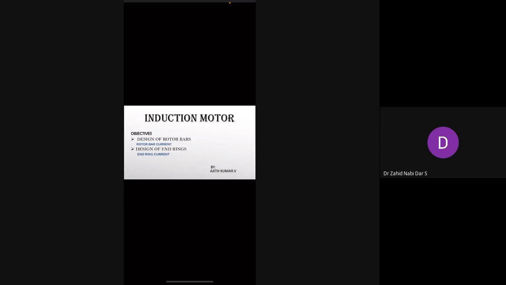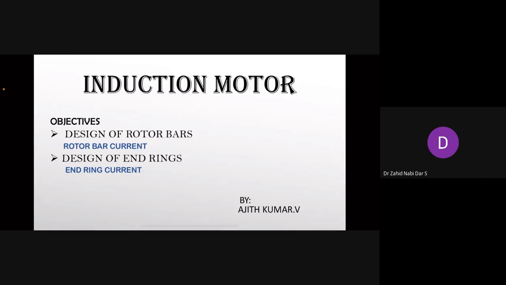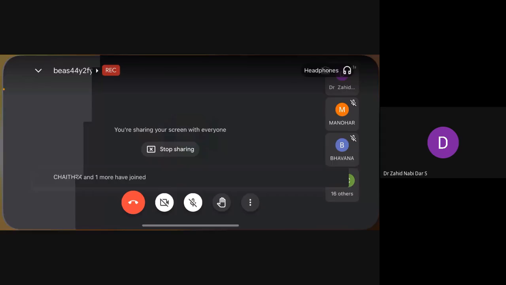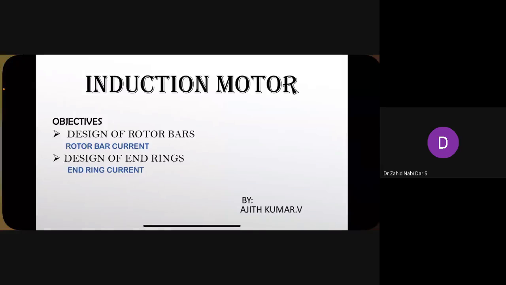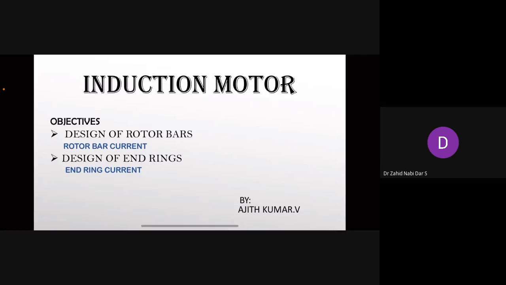You cannot maximize it more than this. Like full screen. Okay. Now it's full screen. Now it's looking good. You can start. I think your voice is muted, so please unmute and start. Ajit Kumar, I cannot hear you. Yes, sir, now we can hear. Yes, start. Go for it.